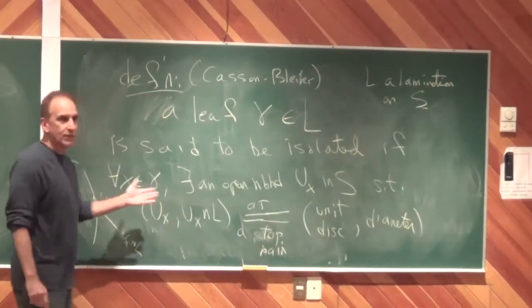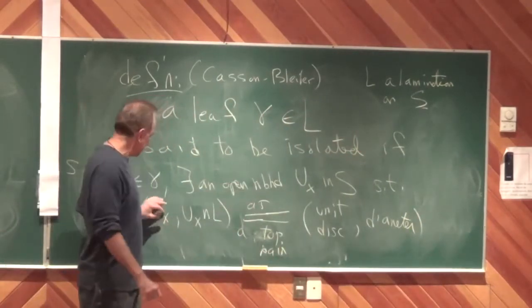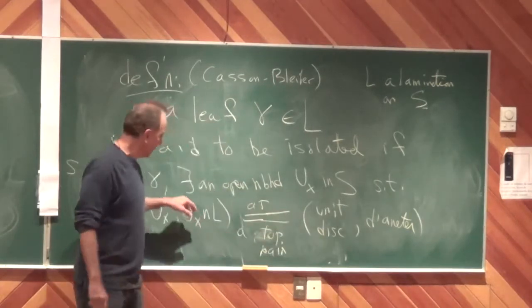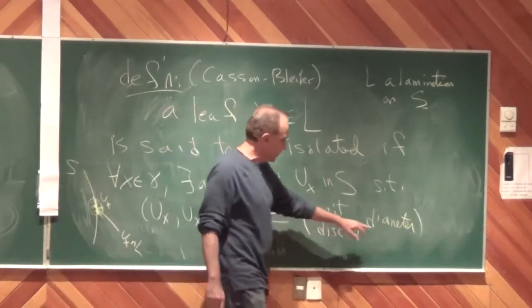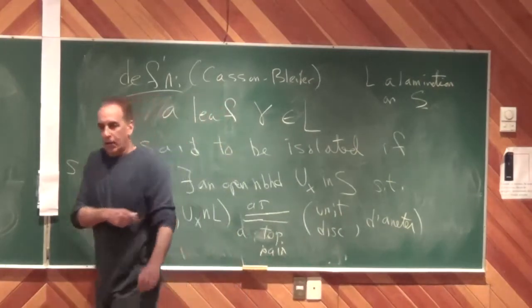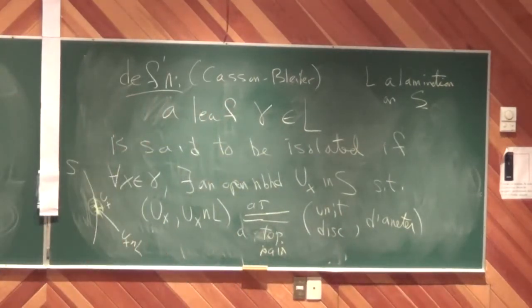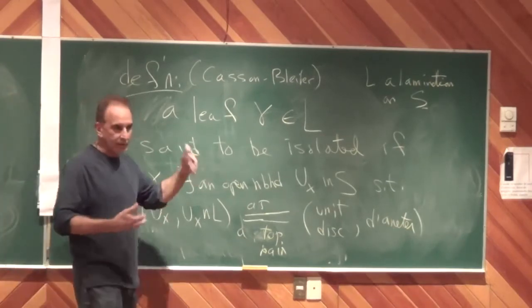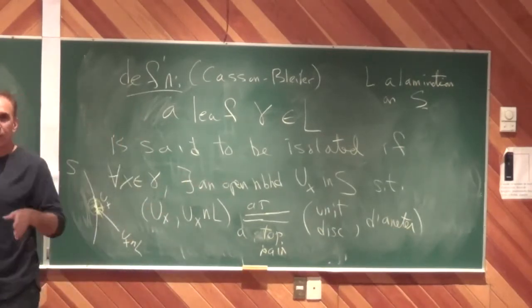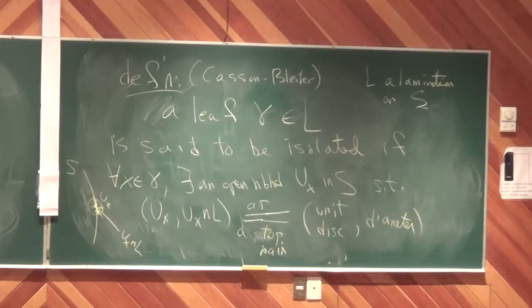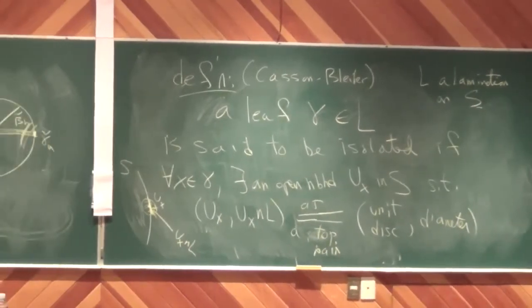Right, so you know what this means. This means that there's a topological map that takes this neighborhood to the unit disk and takes this intersection to this diameter. Okay. This is equivalent to the leaf in the leaf space being isolated.